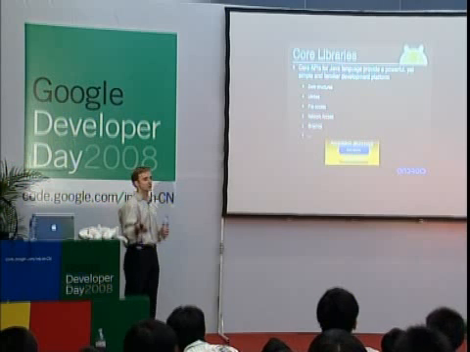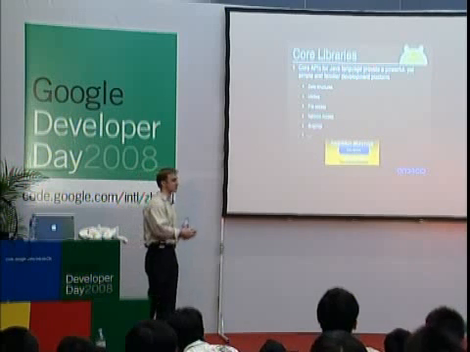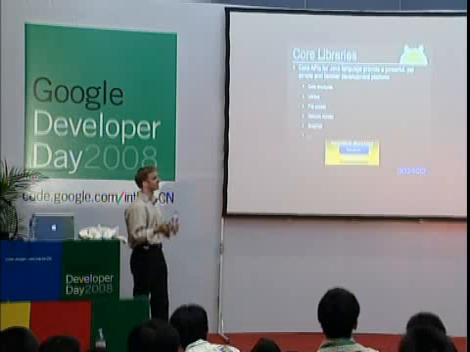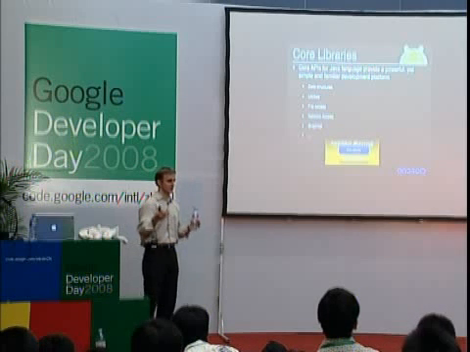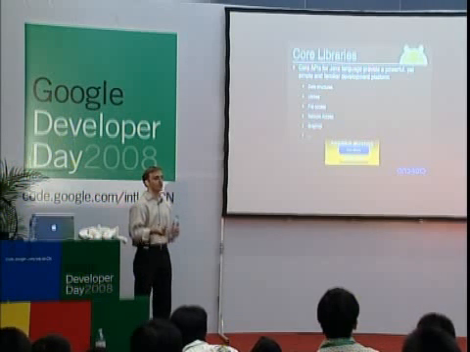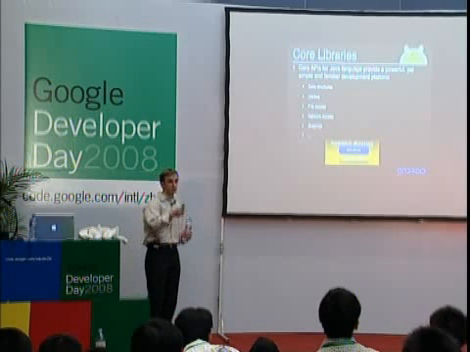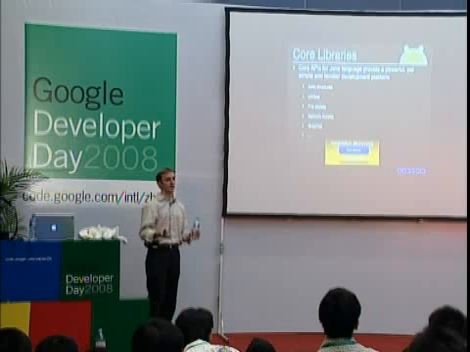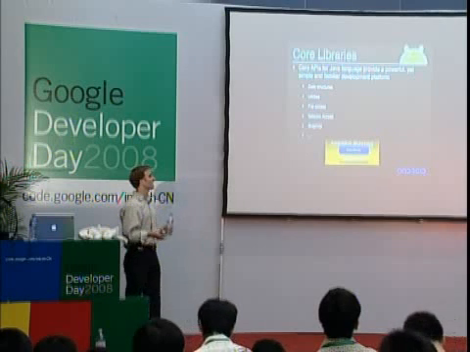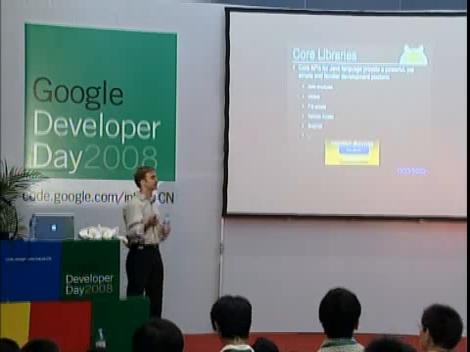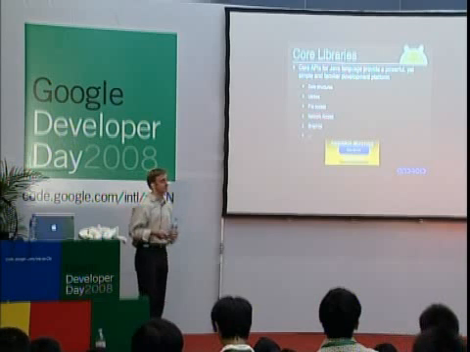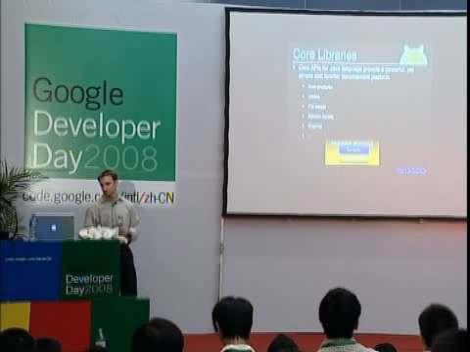It gives you all of your file I/O, data structures, utilities, network access, graphics, and the APIs that are familiar to Java developers out there today. We wanted to make these available, running on top of this highly efficient runtime, to give developers a familiar environment to work with.